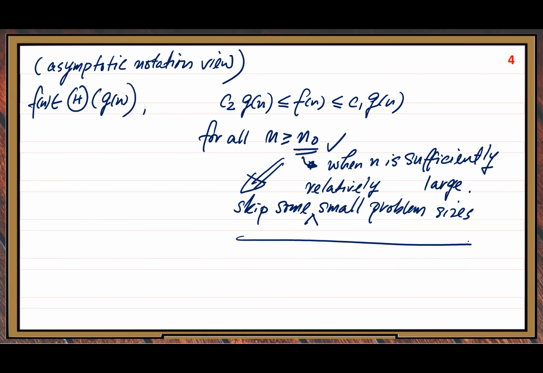Because they are not important. When the problem sizes are relatively small, the better or worse behavior won't reflect the cases when the problem sizes are large, and we want to focus on the large problem sizes, not the relatively small ones. That's the meaning from the asymptotic notation point of view.